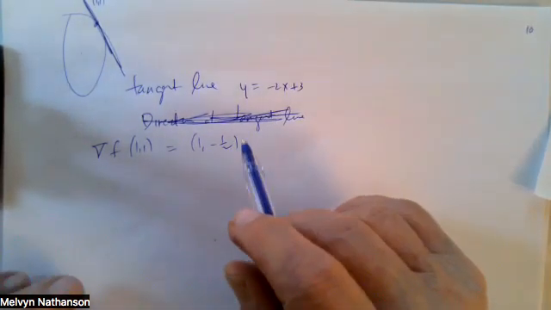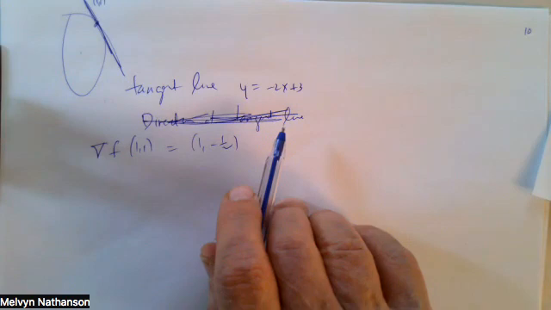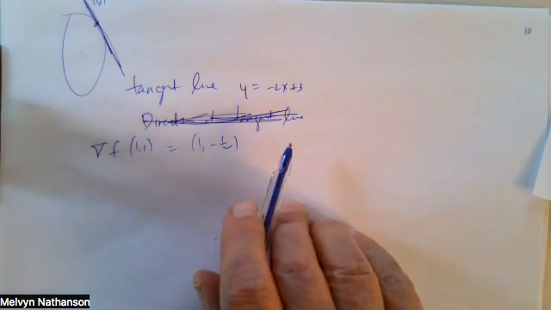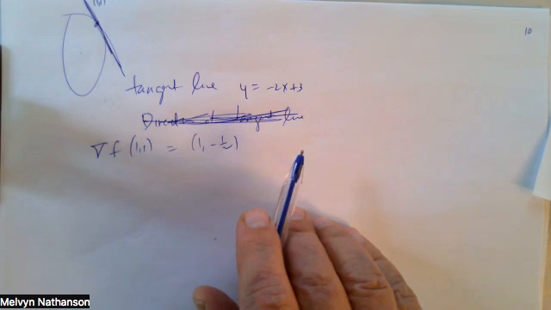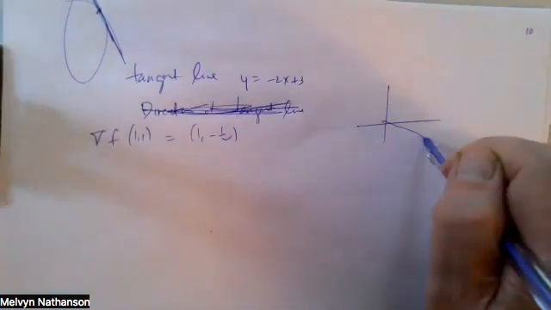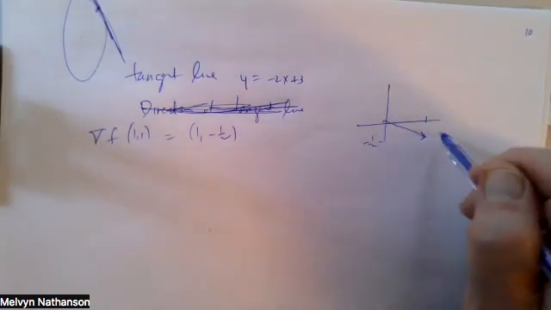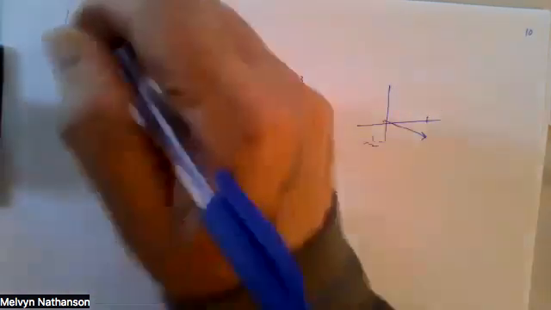So this vector 1, a half, is the gradient.